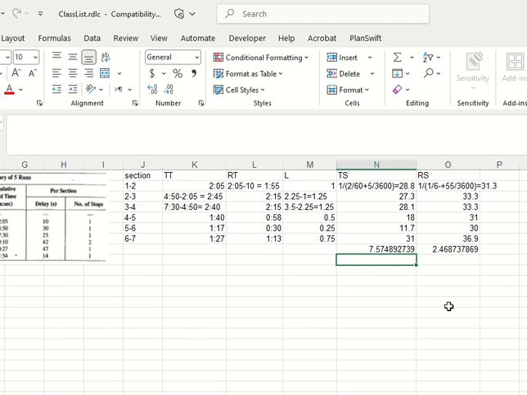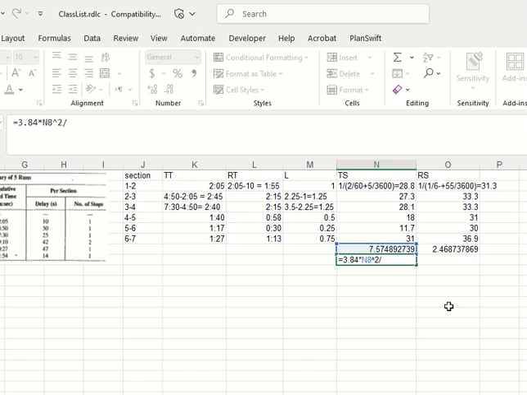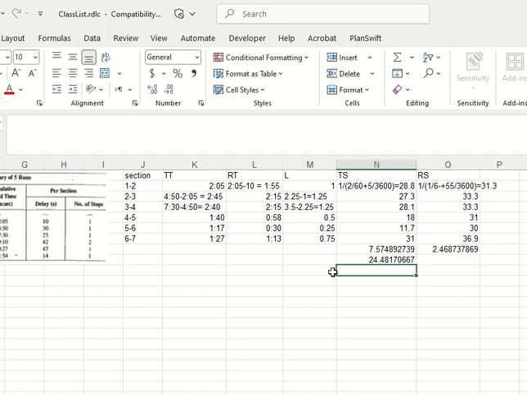So if I calculate the number of samples from here, it was 3.84 S square, so this value squared, divided by E square. E is given as 3. Okay, so the number of samples required according to this speed is 24.